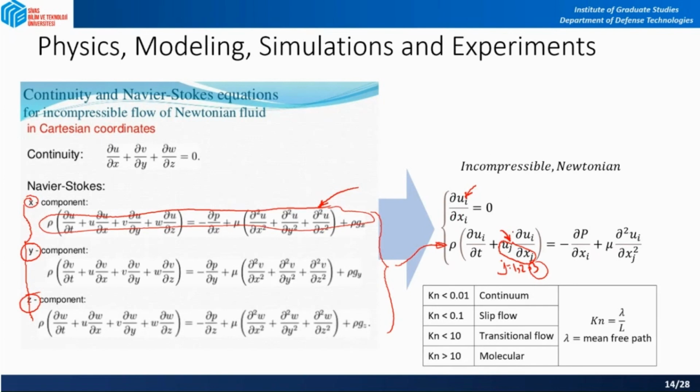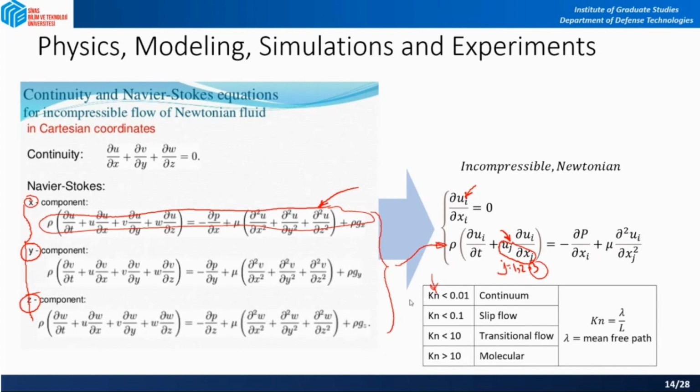How do we determine if a system is a continuum system or a discrete system? You know that we have a non-dimensional number known as the Knudsen number, Kn, and we taught you this many years ago in fluid mechanics classes. Depending on the value of the Knudsen number, you can determine if a system can be thought of as a continuous system or a discrete system.